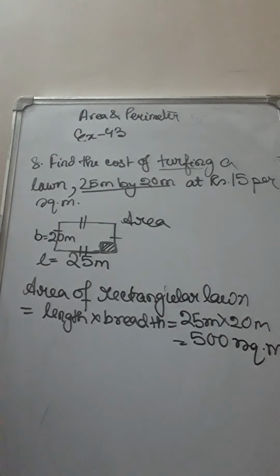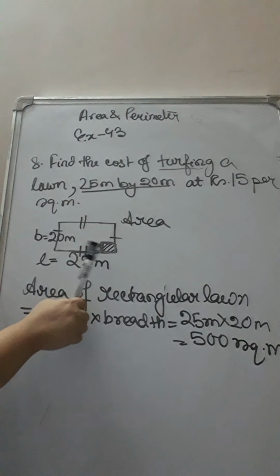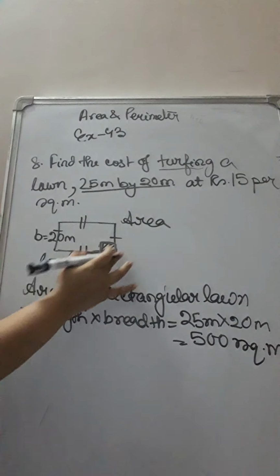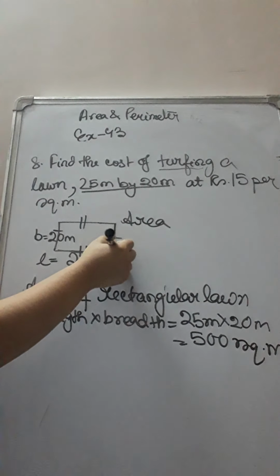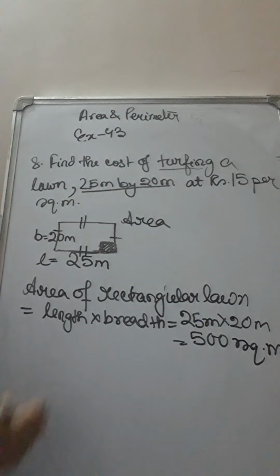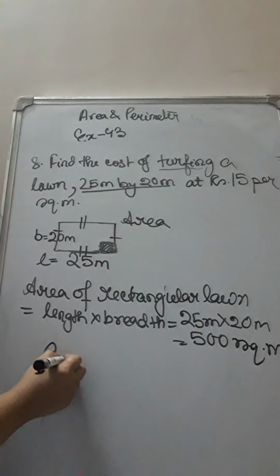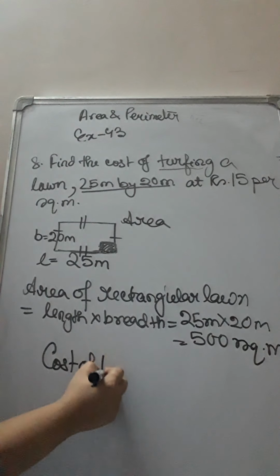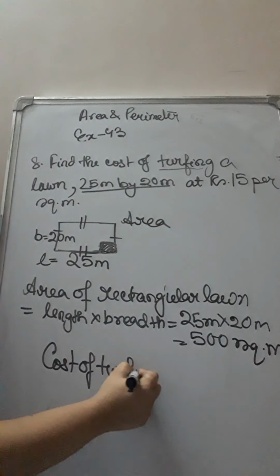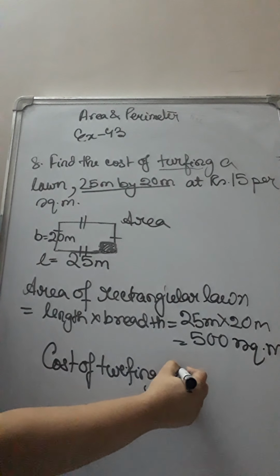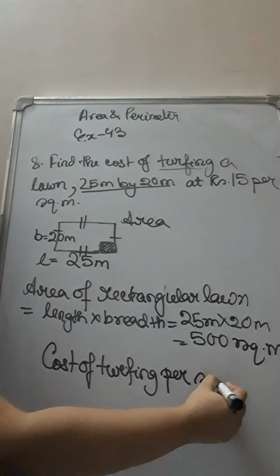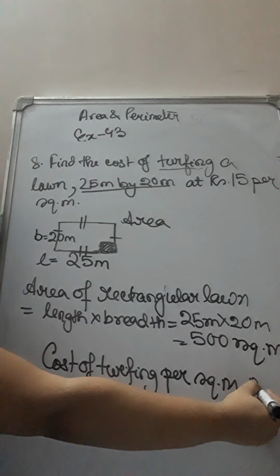And what information is given? The cost of putting grass, if I divide this 500 square meter area into small units. If I see, then this much of space is 1 square meter. So it's more like the unitary method. Cost of turfing per, meaning 1 square meter, equals rupees 15.